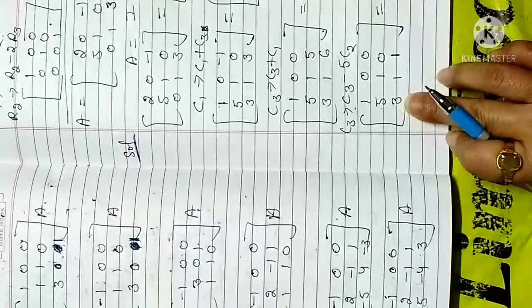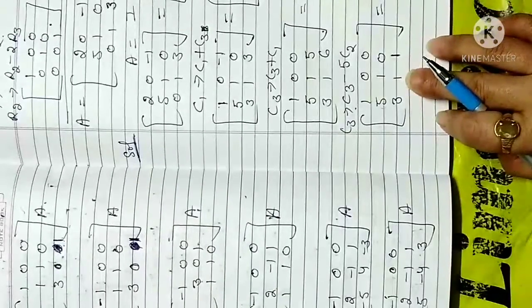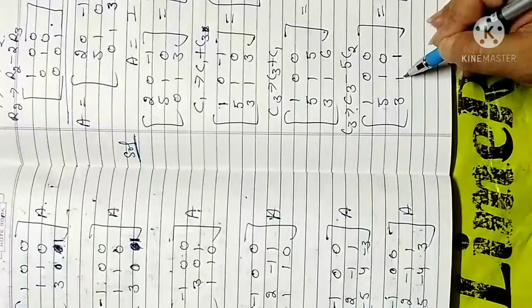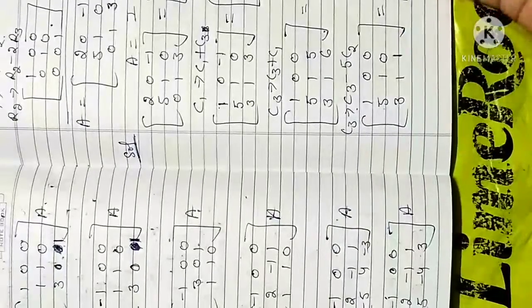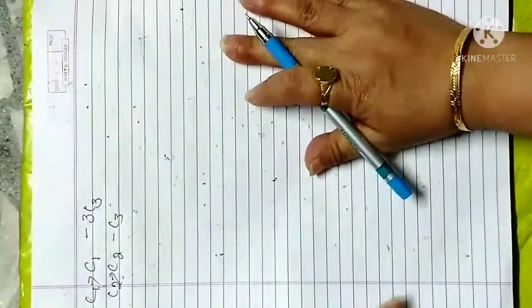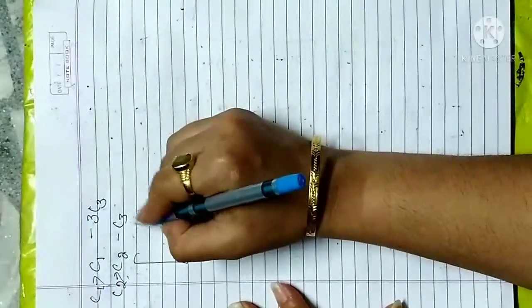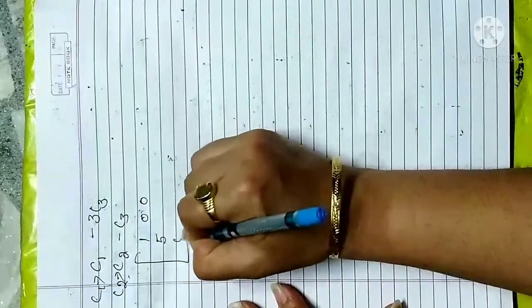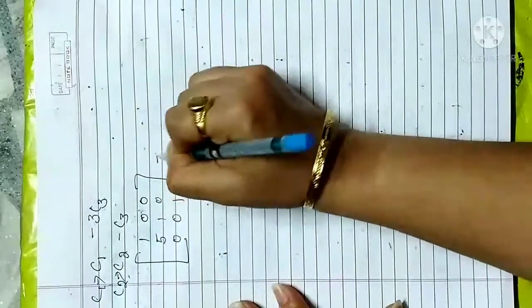Okay, then next you have to subtract column 2 minus column 3. Okay, because I need it here 0, 1 minus 1 becomes 0, and here because 0 is there, there will be no change. And my required answer after applying this property is 0 5 0 1 0 0 1.